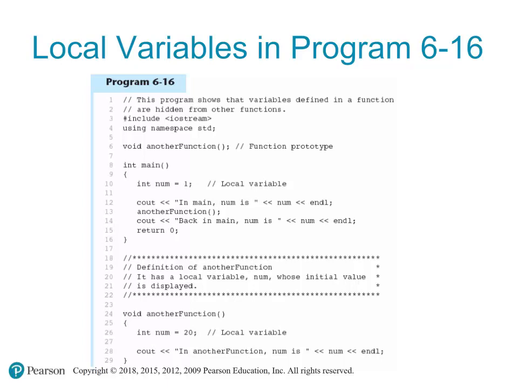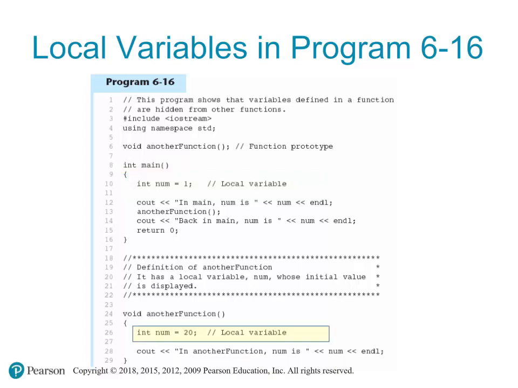In this example, we will explore how local variables are confined to their respective functions and are not accessible from other functions. The variable num is defined in main and initialized to 1. It's only accessible within main.